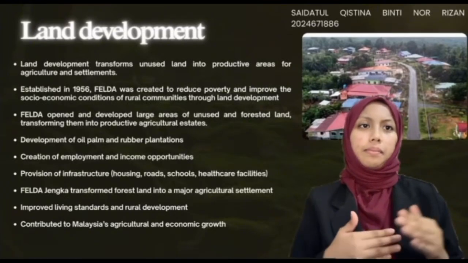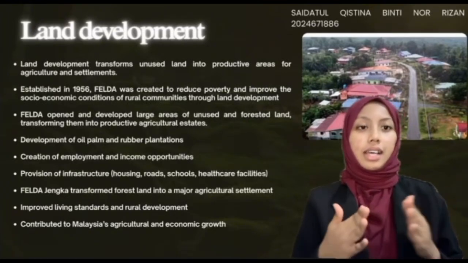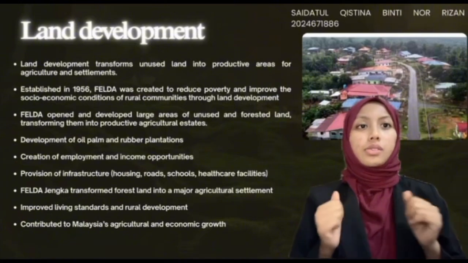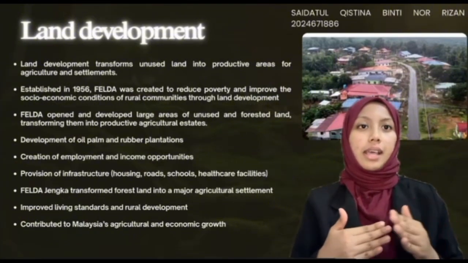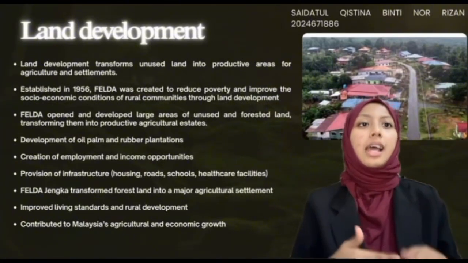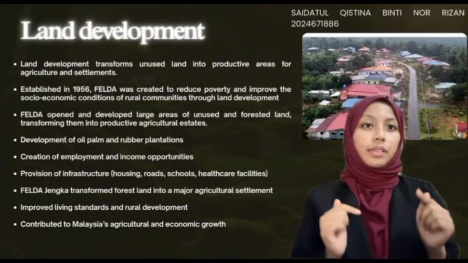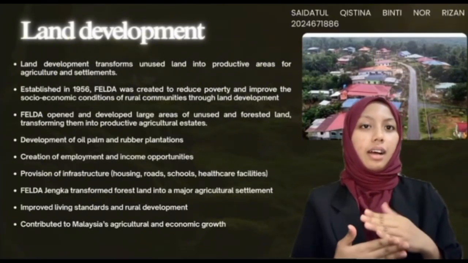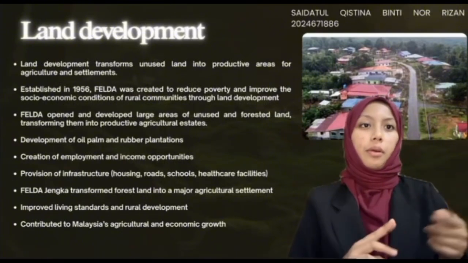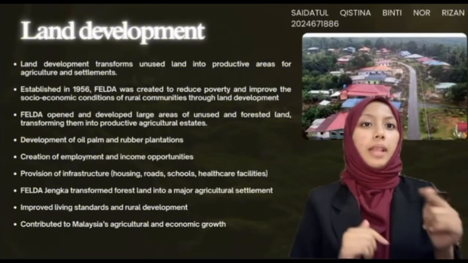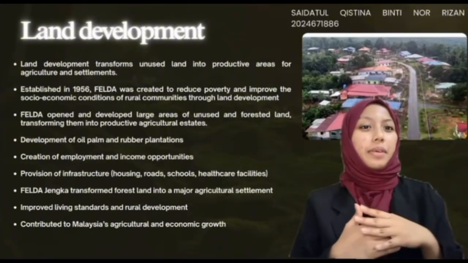It is equipped with infrastructure such as housing, roads, schools and healthcare facilities, and plantation activities are managed systematically. Overall, Felda has improved rural development by increasing income, creating jobs, reducing poverty, and contributing to Malaysia's socio-economic growth.